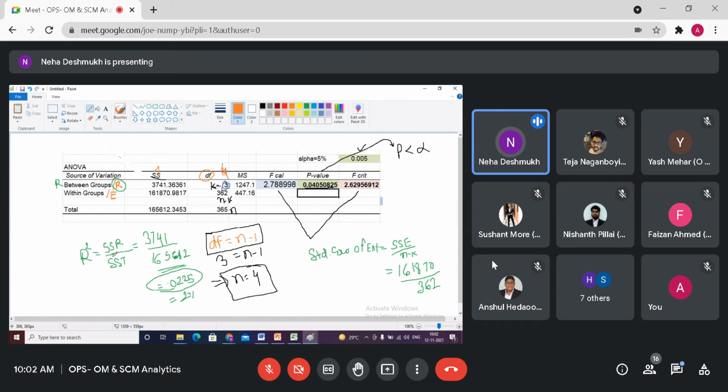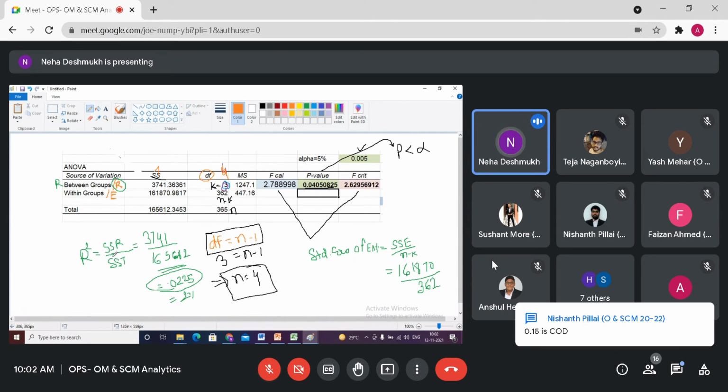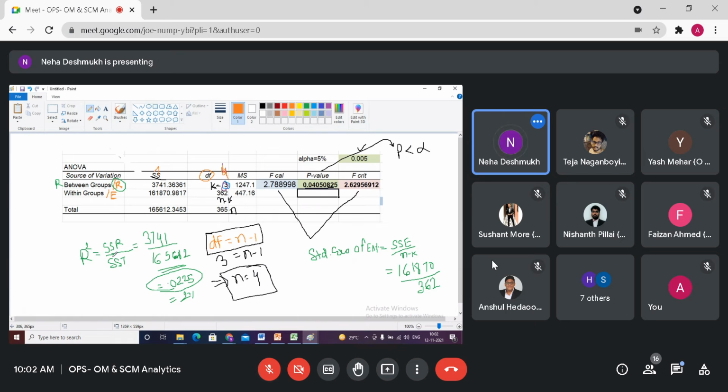Then what is the degree of freedom? How many variables are there? What is the standard error of estimate? What is the regression coefficient? You can calculate all this by this method. Is this clear?